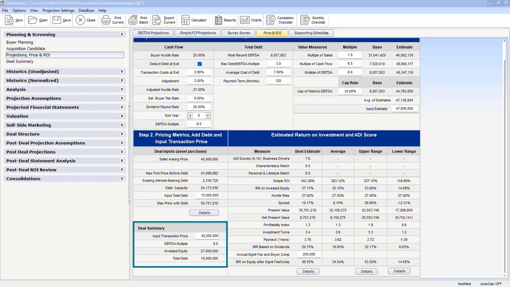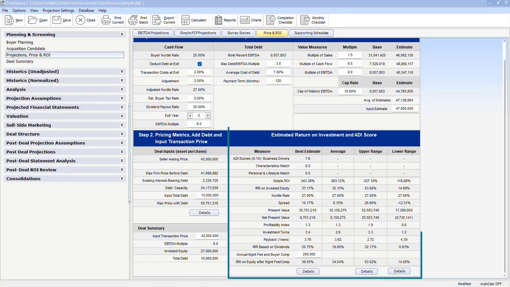With these maximum prices, thumbnail valuation, and seller's asking price as reference points, the next step is to input the transaction price. After you do, the program displays the EBITDA multiple and the amounts of invested equity and debt based on this price. On the right side of the screen, there's a scorecard that summarizes the transaction.